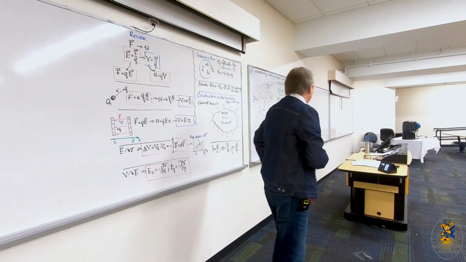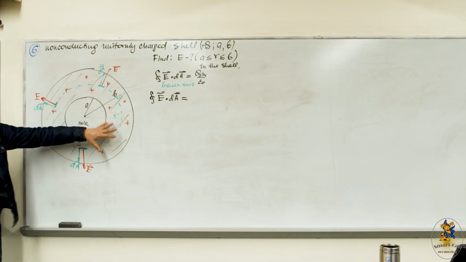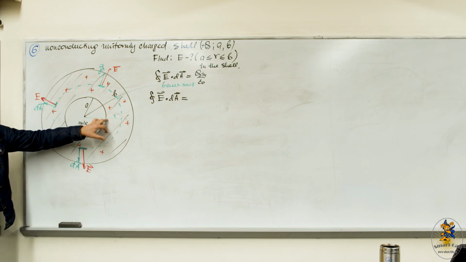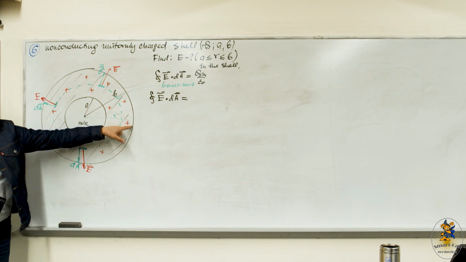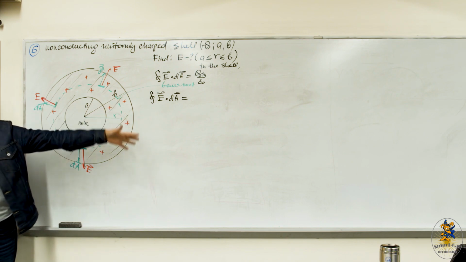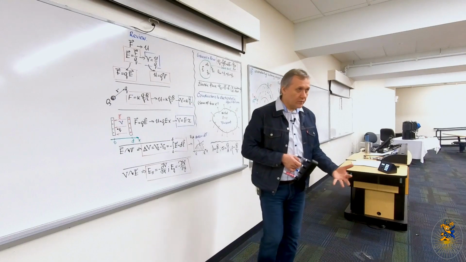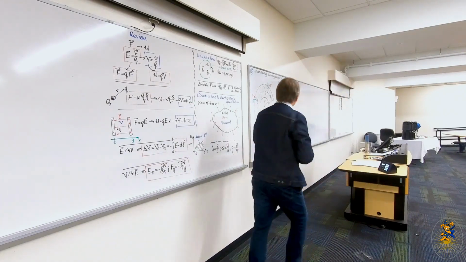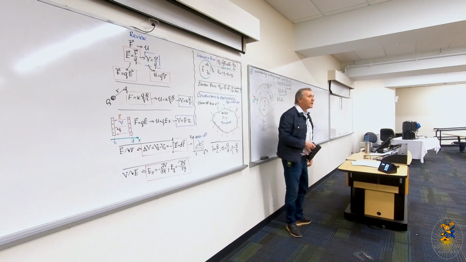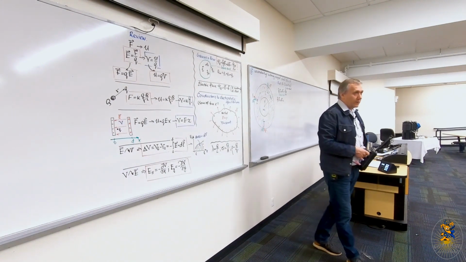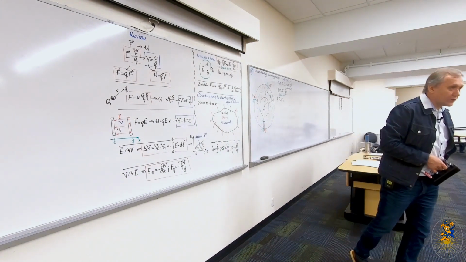In this case, it's some arbitrary radius r, but r is between A and B. In the limits, it can be equal to A, it can be equal to B, it can be close to B, it can be close to A, it can be at any radius between A and B. So essentially, r is a variable, because at the end, we're going to get a function.